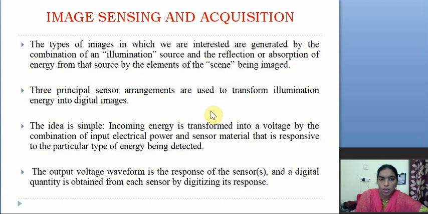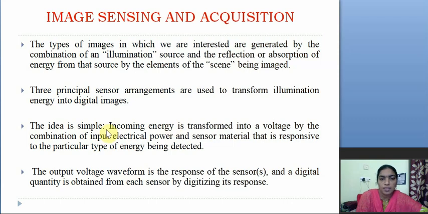These sensor arrangements are used to transform illumination energy or light energy into electrical signals, which is our image. Firstly that is an analog image, and next it is converted into a digital image by using sampling and quantization.